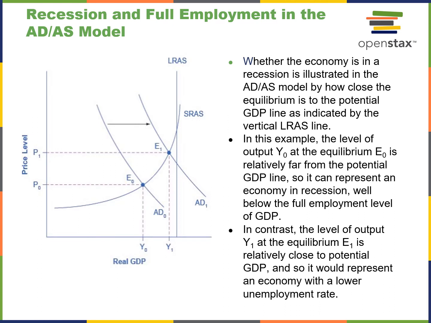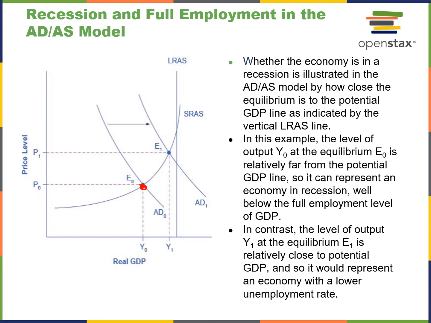So, also, talking about long-run supply and aggregate demand, recession and full employment in the ADAS model. Whether your economy is in a recession, illustrated in the ADAS model, how close equilibrium is to the potential GDP line is indicated by the vertical LRAS line there.